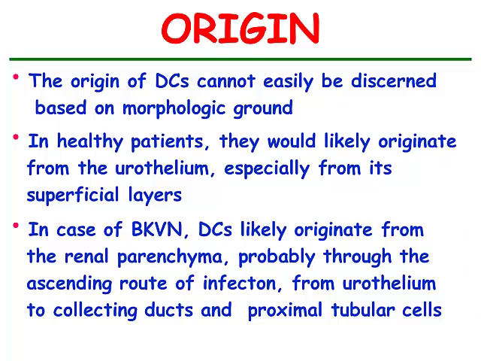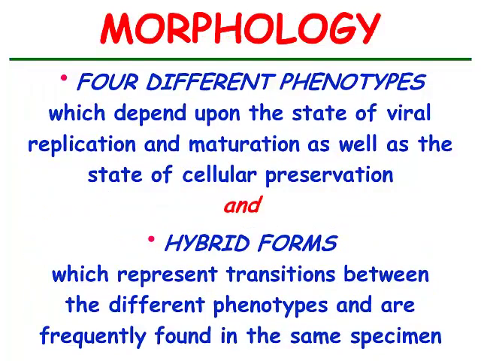The origin of decoy cells is not really clear, because in healthy patients, they probably originate from the urothelium, where the virus is hosted, especially from the superficial layers of the urothelium. But in case of nephropathy due to virus, decoy cells likely originate from the renal parenchyma, probably through the ascending route of infection, from urothelium to collecting ducts and proximal tubular cells.